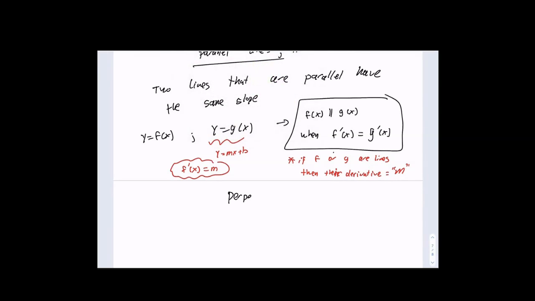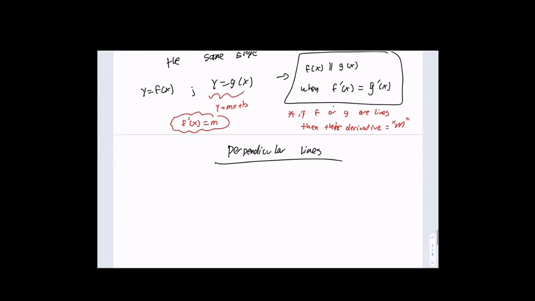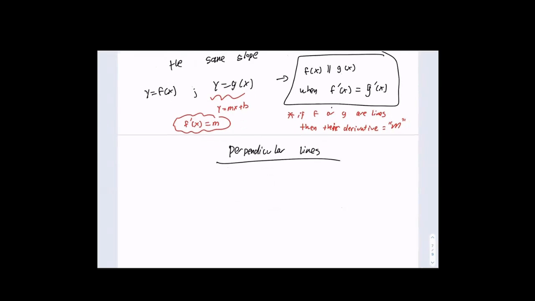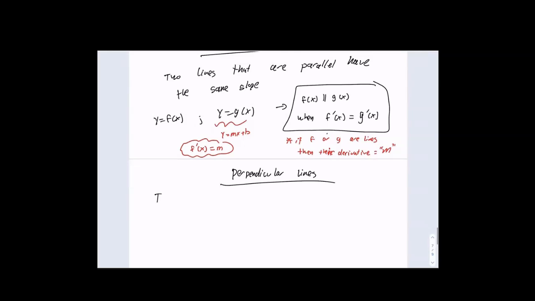Perpendicular lines. What about perpendicular lines? Two lines are perpendicular if what?